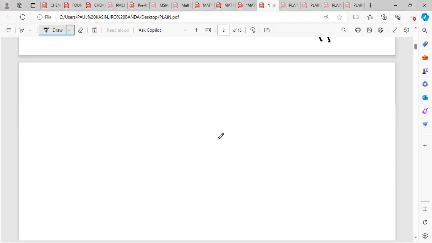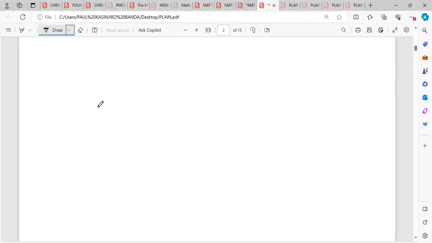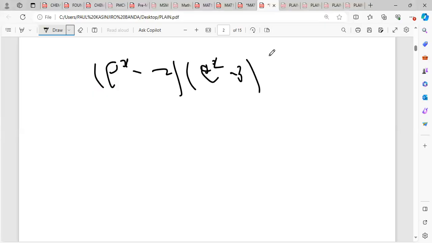So going back to my board, let's go into it. I had e to the power x minus 2 in brackets. Then the other one was e to the power x minus 3. Then they were saying this should be less than 2e to the power x, like that.